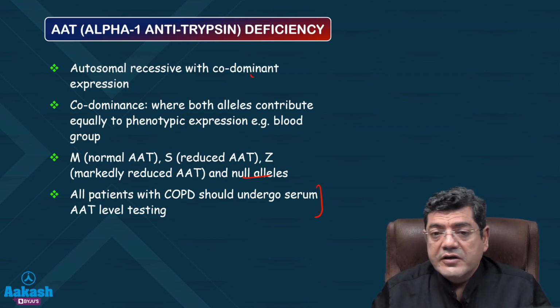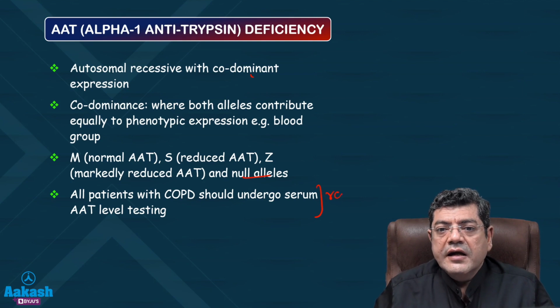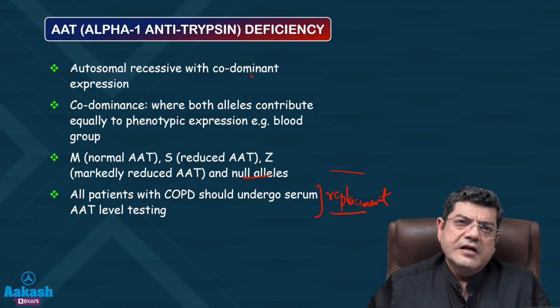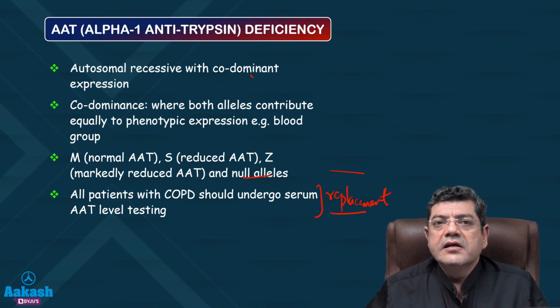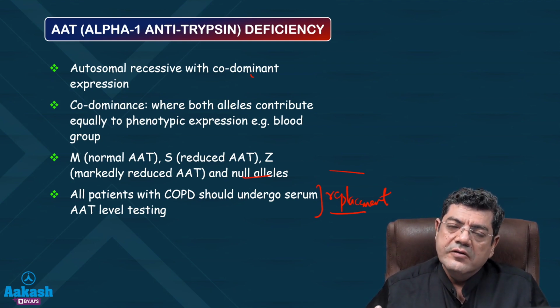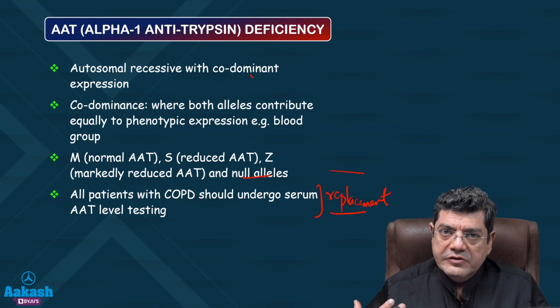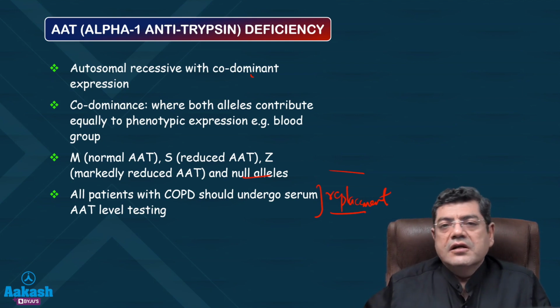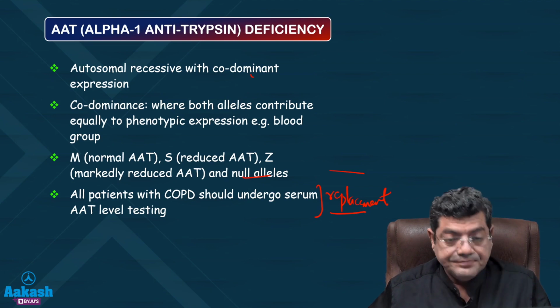When you identify such a patient and give replacement therapy, so you can give weekly injections of alpha-1 antitrypsin, that will obviously reduce the speed at which lung function deteriorates.